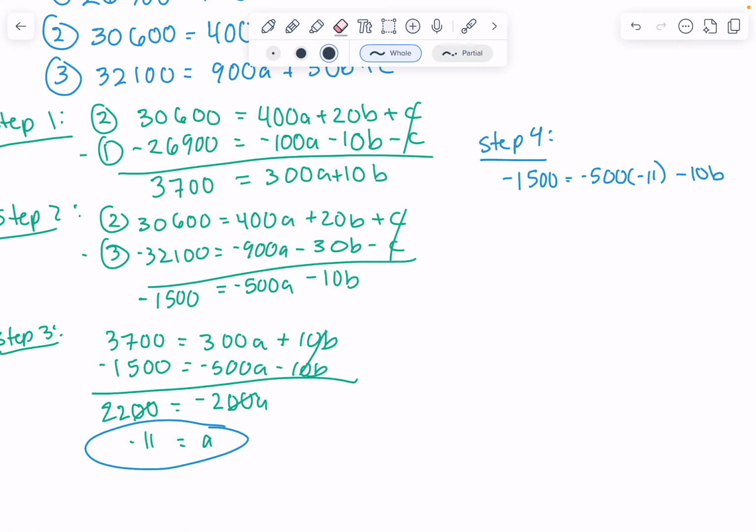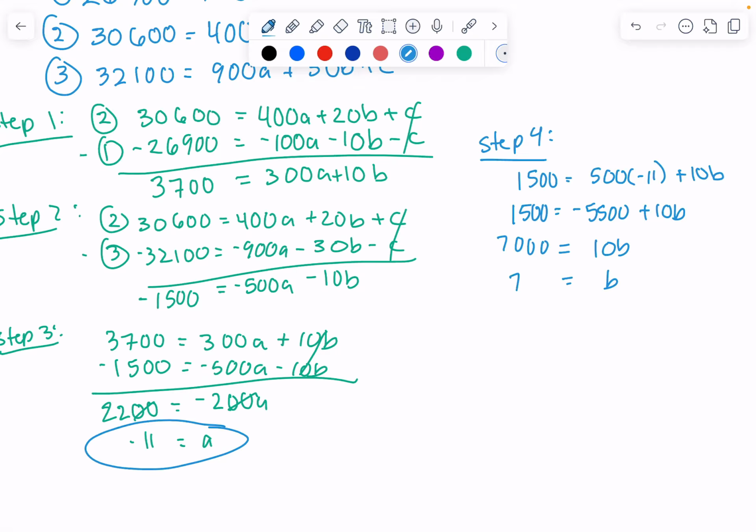I'm just going to make them all positive, because if I divide everything by -1, that's allowed. So 1,500 equals negative 5,500 plus 10b. So b is 700. All right, we're almost there.